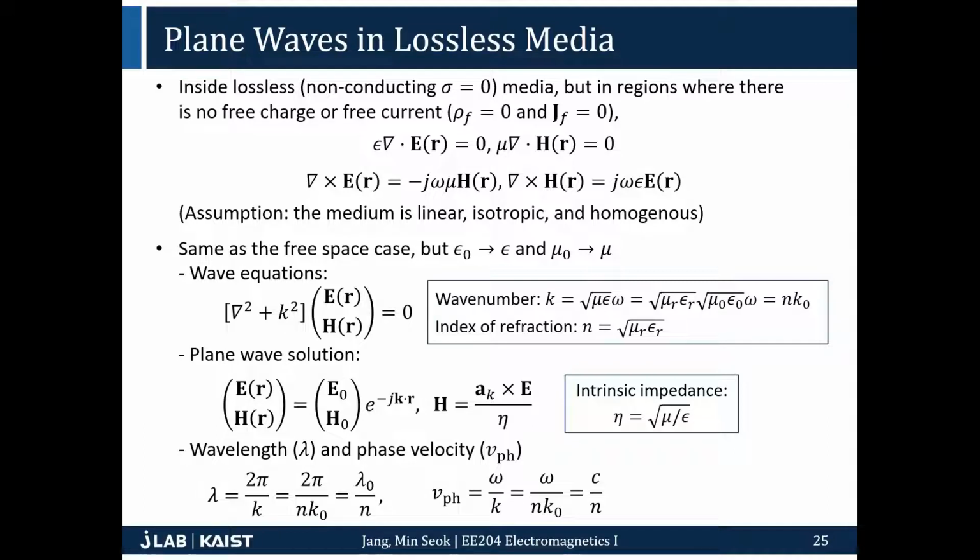As I said, when sigma is non-zero, the electric field can cause current, and current produces heat, and that's an energy loss. So as the electromagnetic wave propagates, its amplitude decreases because it loses its energy in the form of heat. You can see that phenomenon can be rigorously derived from Maxwell's equations. That's what we're going to learn in our next lecture.